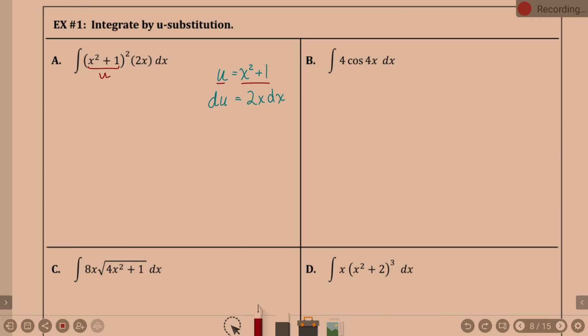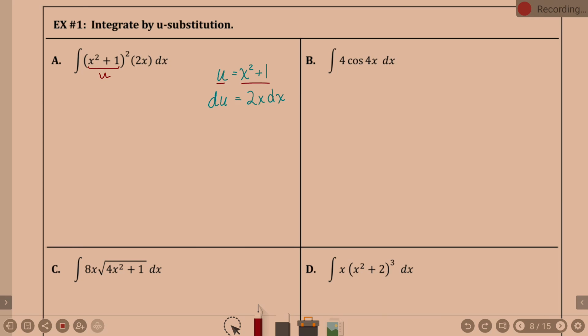Why do you have to do that? I thought the derivative of 2x was just 2. No, it's the derivative of x squared plus 1. This is not a chain rule here. Another way to say this: when we take the derivative of u, like if this had been y, we could say y prime or dy dx.